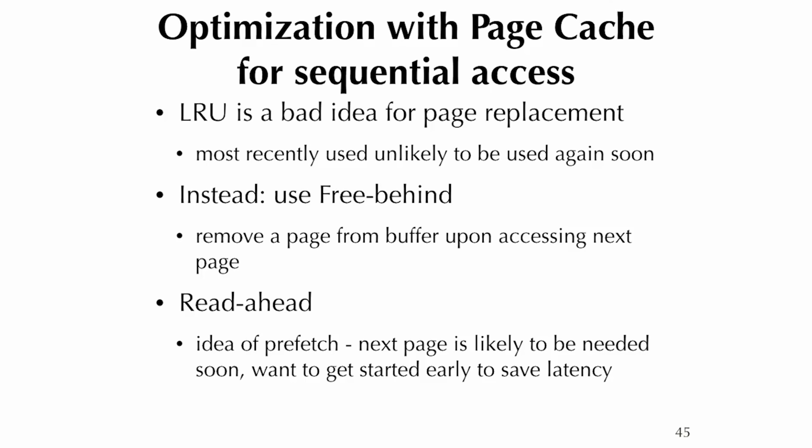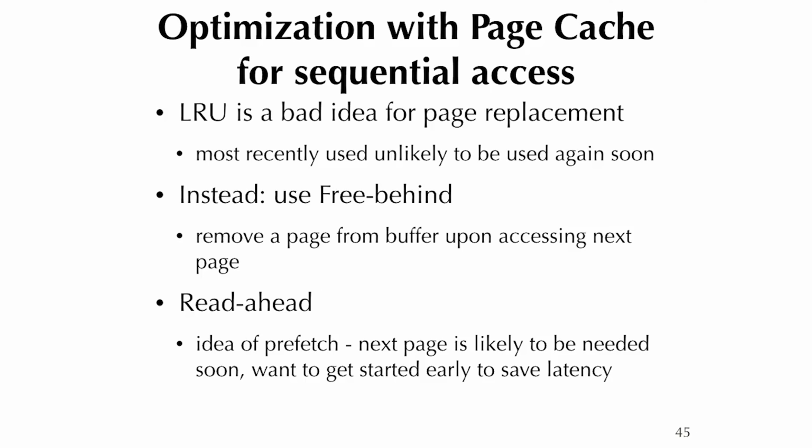And so now here you want to do page caching, but if it's sequential access, then what happens? That means you probably don't want to use LRU. Why? Because the access pattern is such that you go down the sequence, maybe just a couple times, but you march down the sequential data.